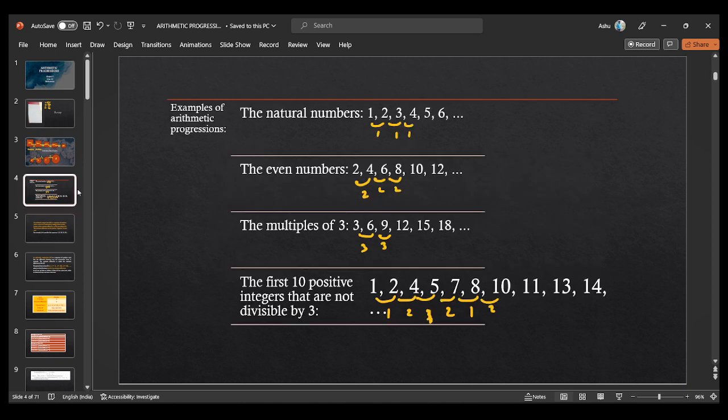Here the common difference is 1, common difference 2, common difference 3. Common differences are 1 and 2 here. So the common difference can be 0, positive or negative. Clear?